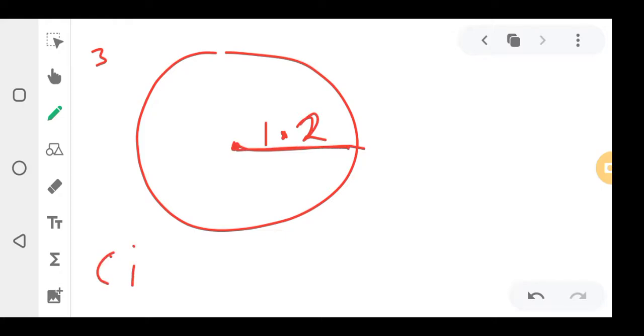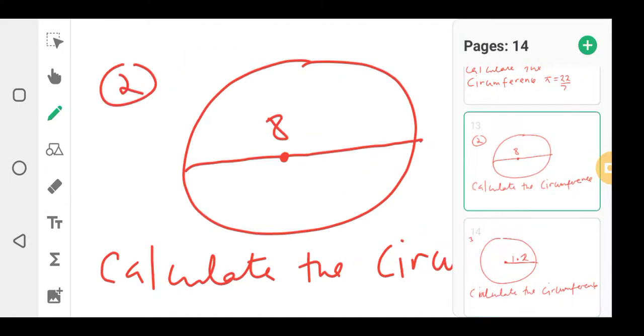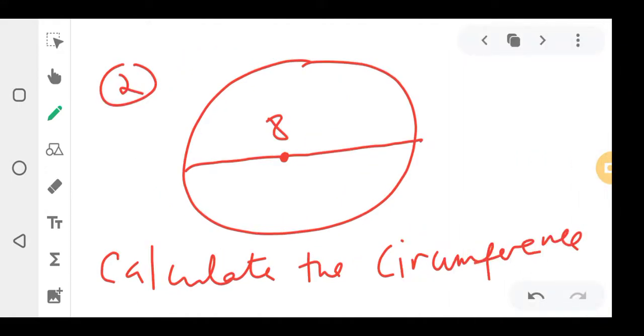Also here it's calculate the circumference. Okay, here take pi to be 3.142 on question 2.